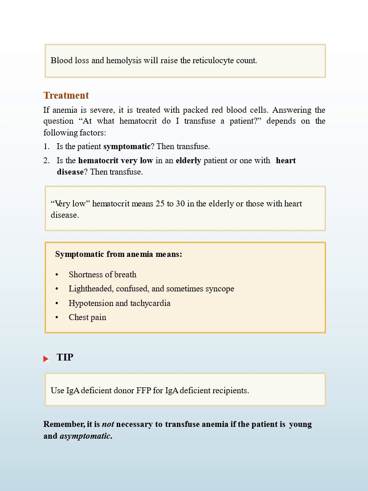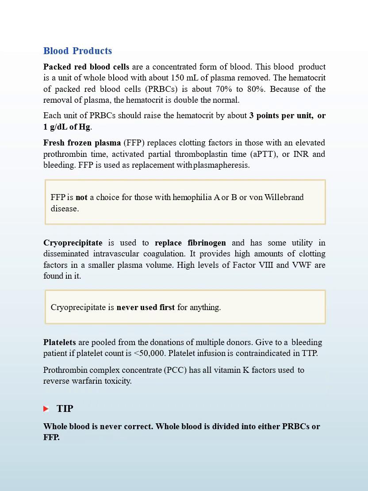Let's go to the next slide, slide number 7. What kind of blood products do we have? We have several of them. The first one is packed red blood cells, or packed RBCs, which is a concentrated form of blood.